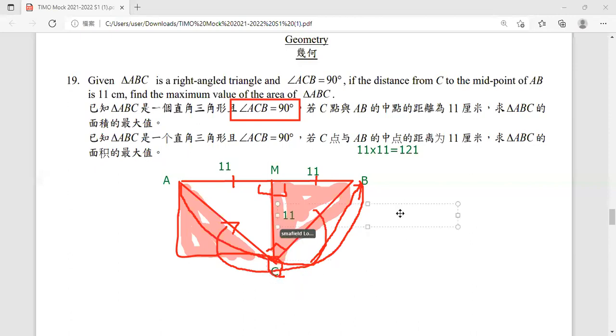But if I use this, then point A and point B are movable. So I move point C. If you do something like this, you will find the locus of point C, the way C is moving, will be a semicircle with diameter AB.